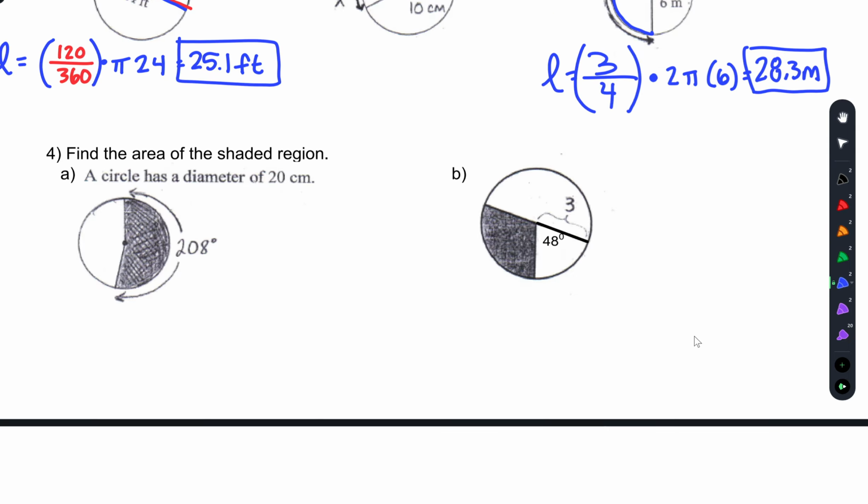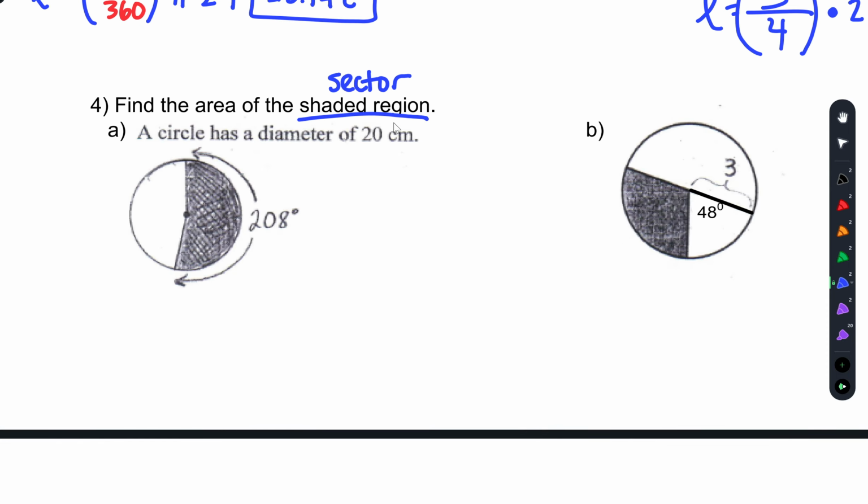So area of a sector or shaded region, you're either going to see that called shaded region or sector. Again, I figure out what portion of my circle am I looking at. Me, personally, I don't know what 208 out of 360 is off the top of my head, so I'm going to leave it as 208 degrees out of a total 360 times 1 full circle, pi, radius squared.